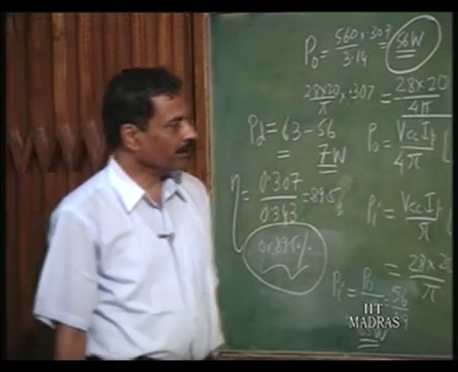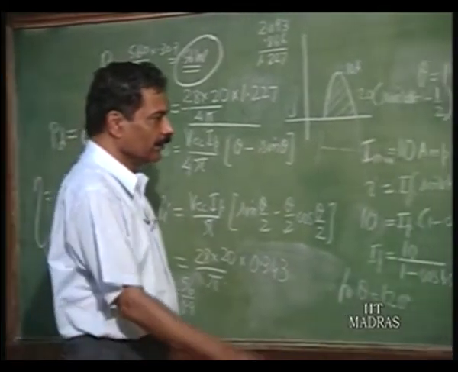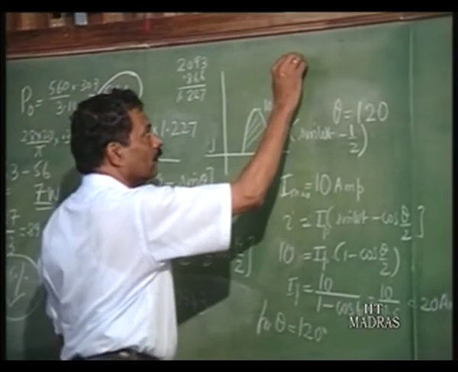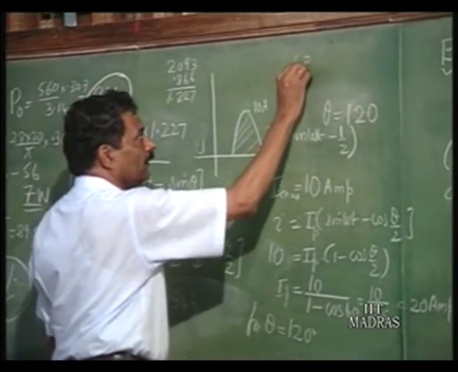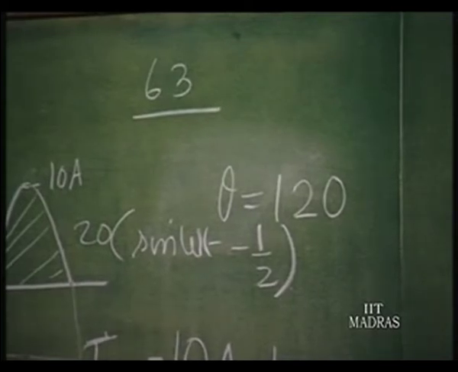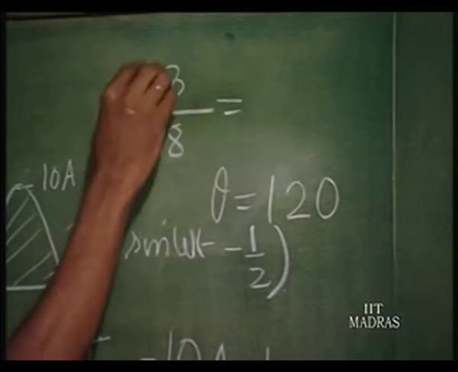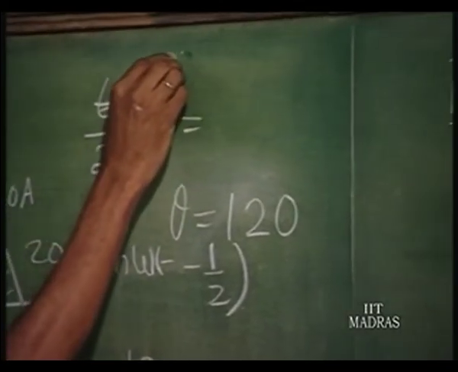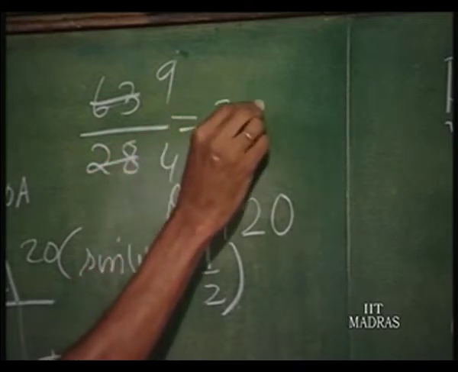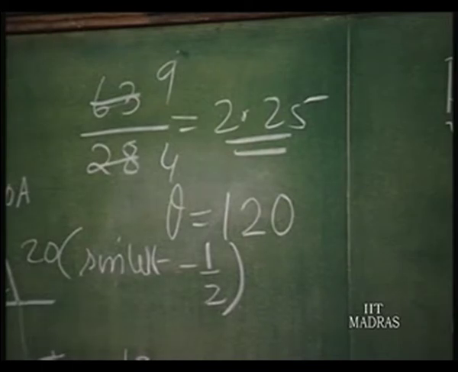Okay. And as far as the average current is concerned, that is going to be, what is that value? 63 divided by 28 volts, which is 2.25 amperes.